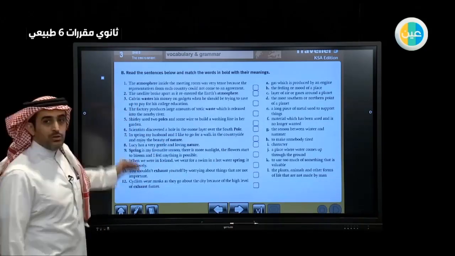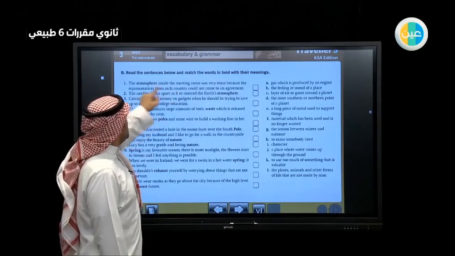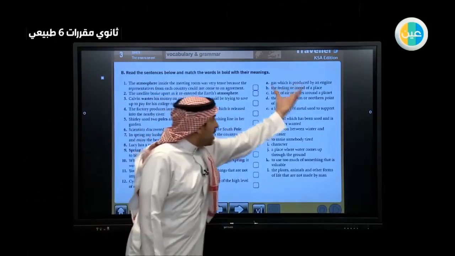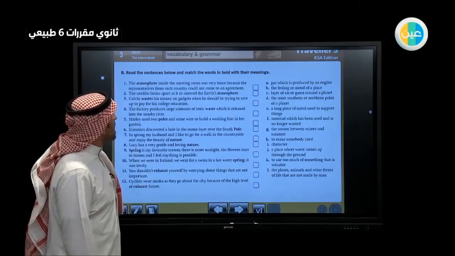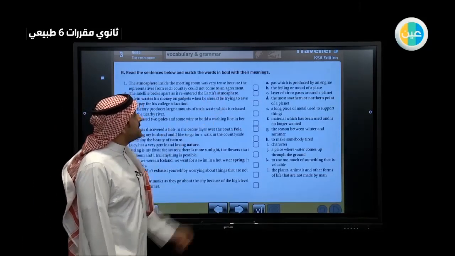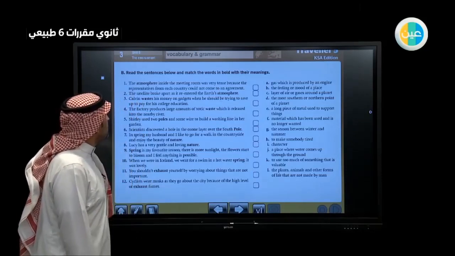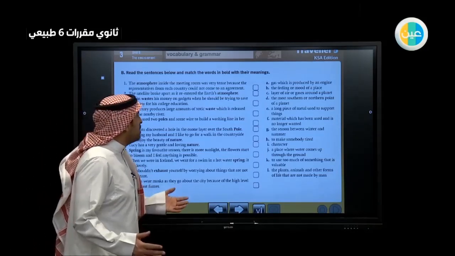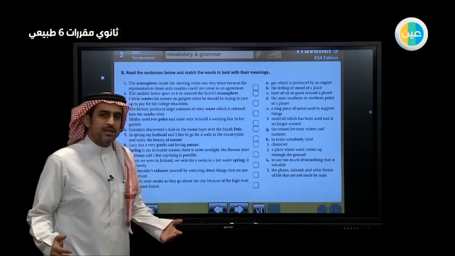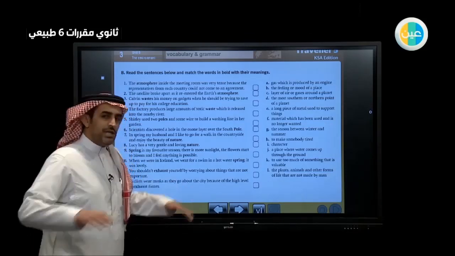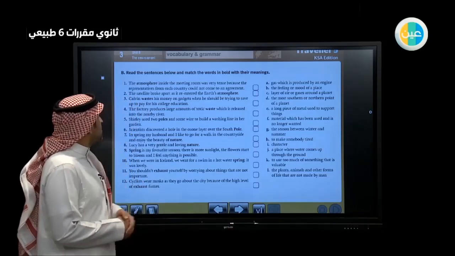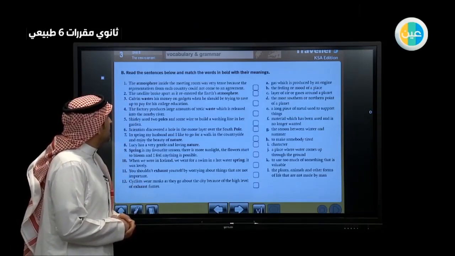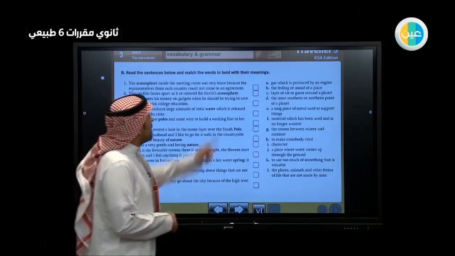Let's find out the meaning of these words from the definitions on the right. The first one: the atmosphere inside the meeting room was very tense because the representatives from each country couldn't come to an agreement. The situation in that place was uncomfortable. And here, the satellite broke apart as it entered the Earth's atmosphere.